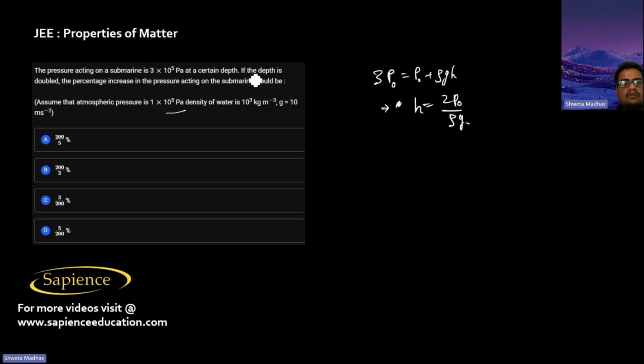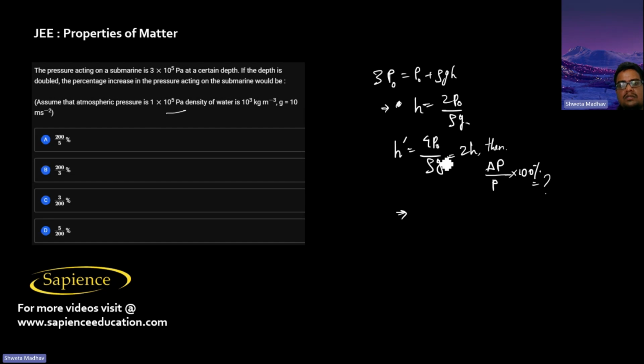Now if the depth is doubled, it means the new depth h dash is 4 P naught by rho g, which is 2h. Then the percentage increase in the pressure acting on the submarine means delta P by P into 100%, that you have to find out.